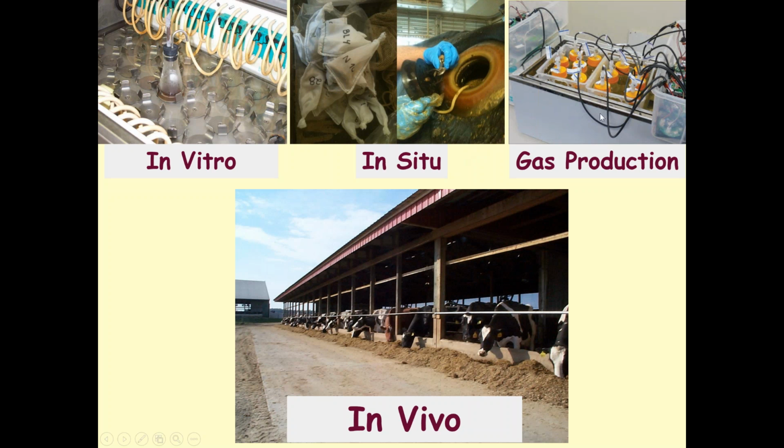And then lastly, on the far right is a gas production system, and that's really been advocated quite heavily by Pioneer DuPont in recent years as a diagnostic tool for assessing primarily TMRs, but also forages. That gas production system is really, I would call a fermentability index.